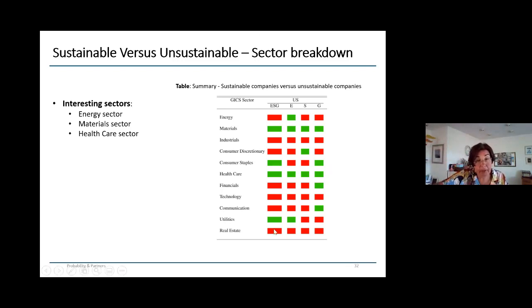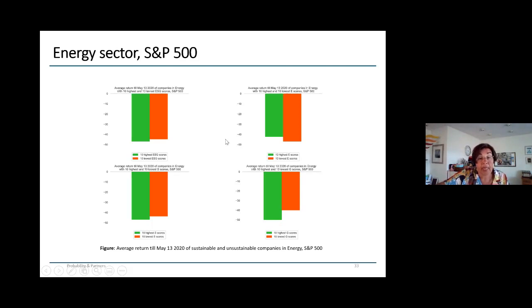So these are definitely three sectors to watch, especially for sustainably tilted portfolios. This is the energy sector, and it basically shows what I told you: energy sector returns for sustainable companies were nothing like as bad as for those that are less sustainable.